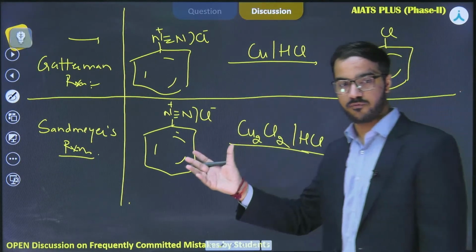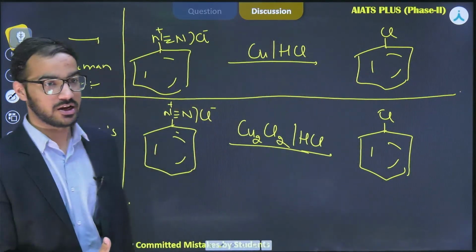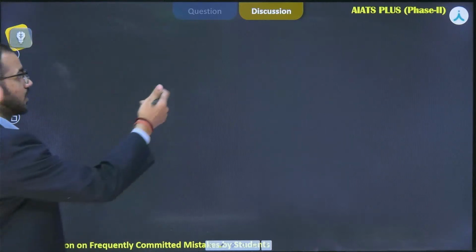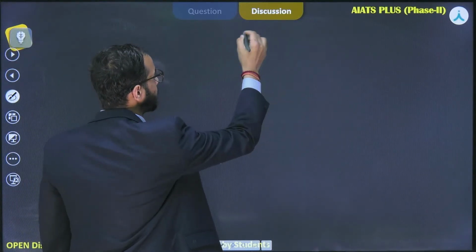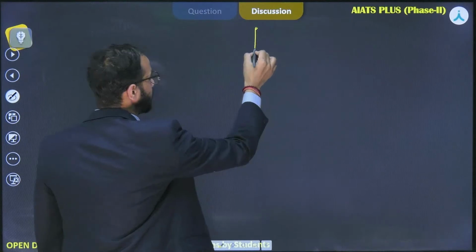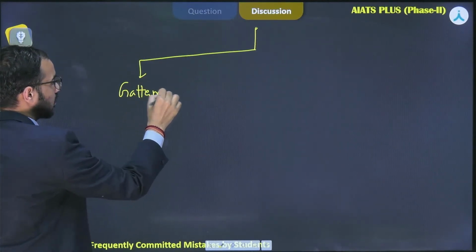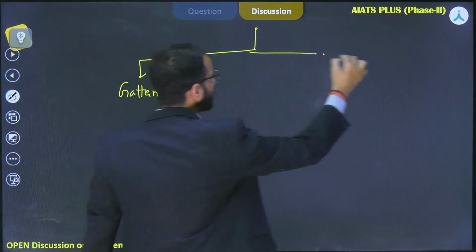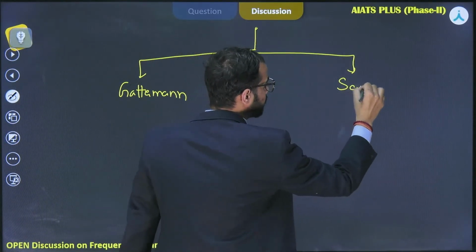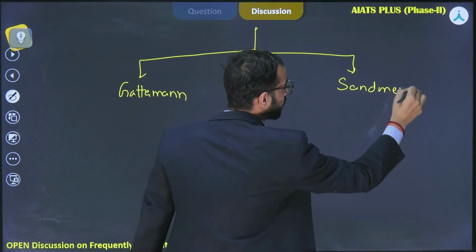Shall we make a flow chart so that you can easily remember it? Let us try to make it. Let us say you have two kinds of reaction. The first one is Gattermann. The other one is Sandmeyer's.